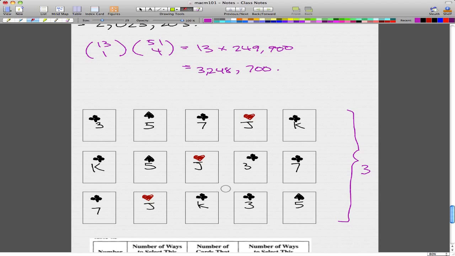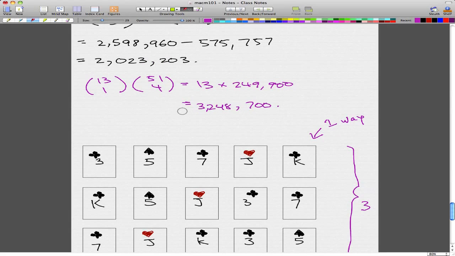What we want is a distinct set of cards where order does not matter. So this represents one possibility of all the possibilities, but we actually overcounted it by 3.